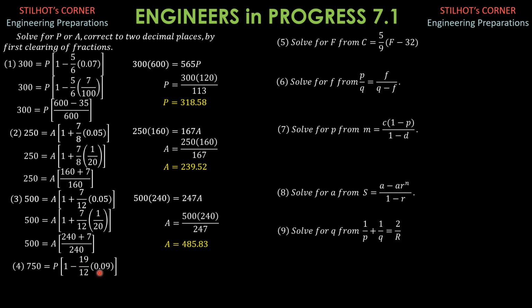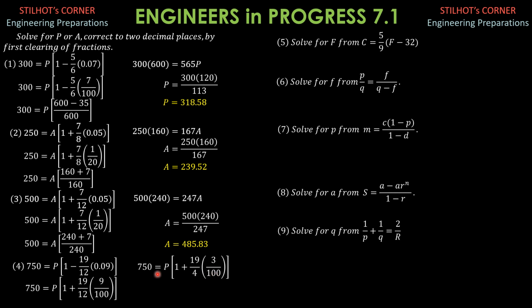Number 4, 750 equals P. LCD is 12 and 0.09 is 9 over 100. So 750 equals P, quantity 1 minus 9 over 12 times 9 over 100. This time the LCD is 1200. We convert 9 over 12 to 3 over 4 to simplify the fraction. So LCD is 400.